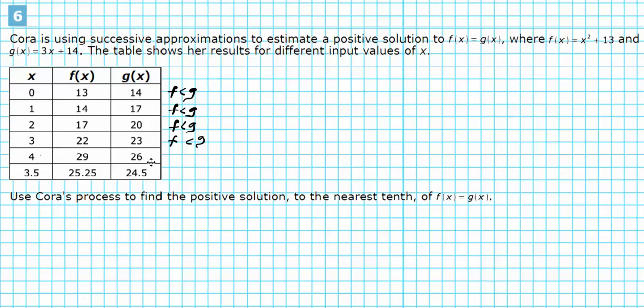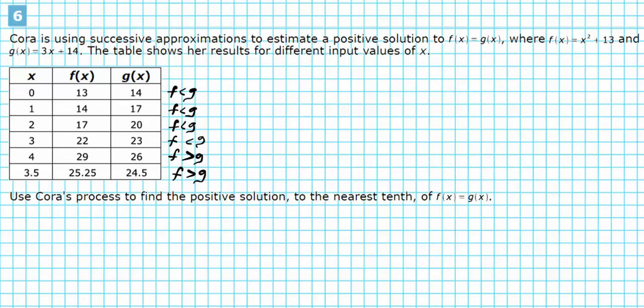At x equals 4, f becomes bigger than g. And also at 3.5, f is still greater than g, although by a smaller amount. So what do we know about when f is equal to g?